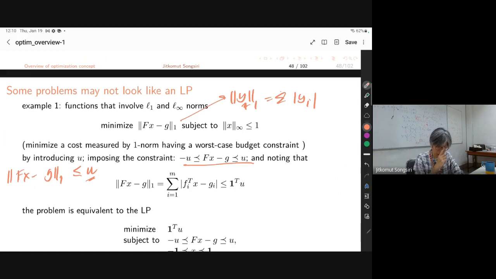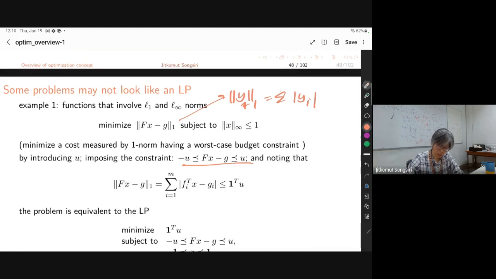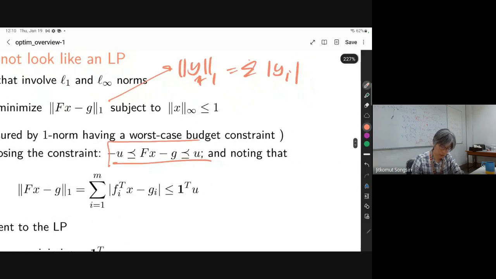Let's follow the slide. Fx minus g is going to be a vector.